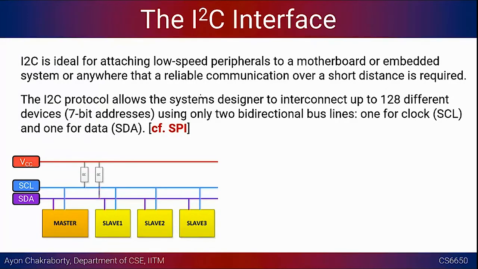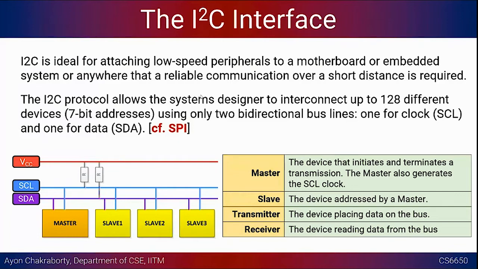And there are 4 things we need to keep in mind. The master is the device that initiates and terminates a transmission, and it also generates the clock. That was similar in the case of the SPI protocol.